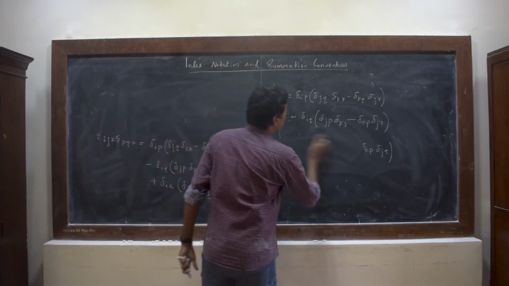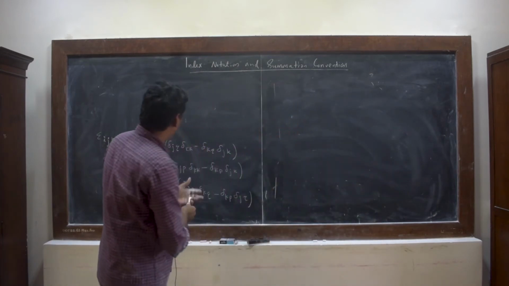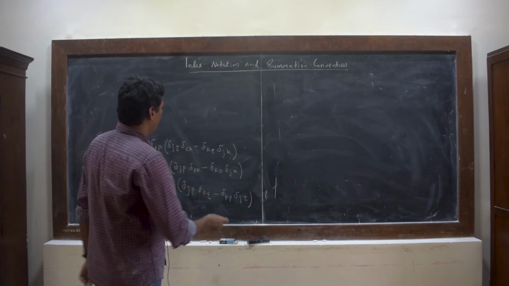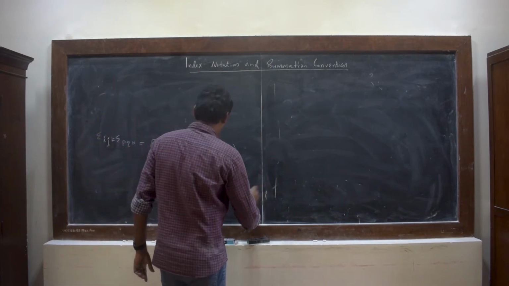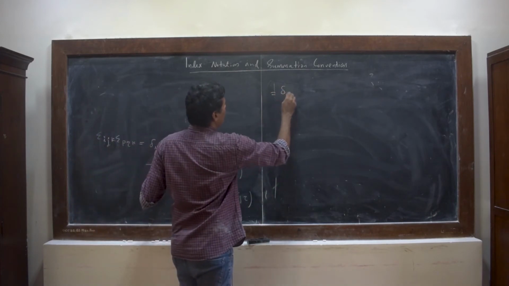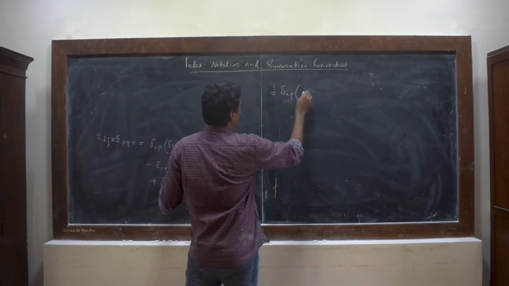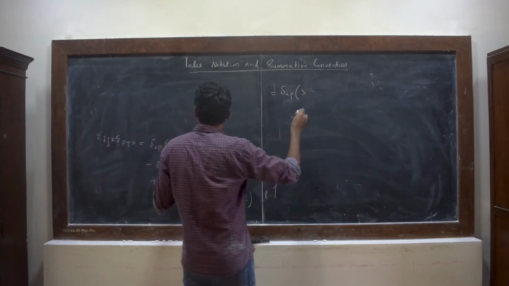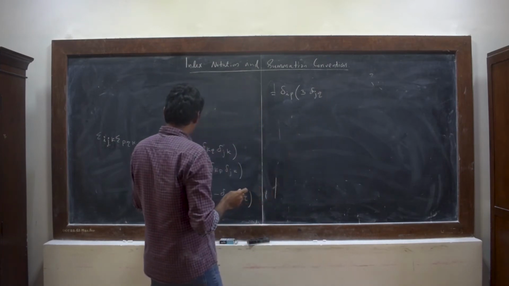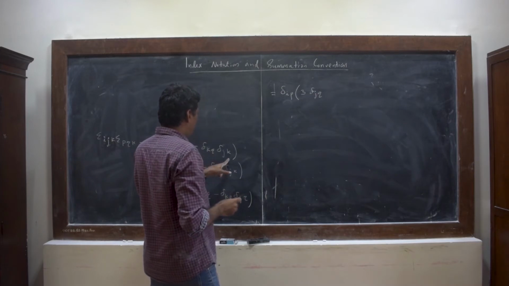To simplify that, I know delta KK, K is a dummy index, that is 3. So this object is equal to delta IP into 3 delta JQ, and now we have delta KQ into delta JK.